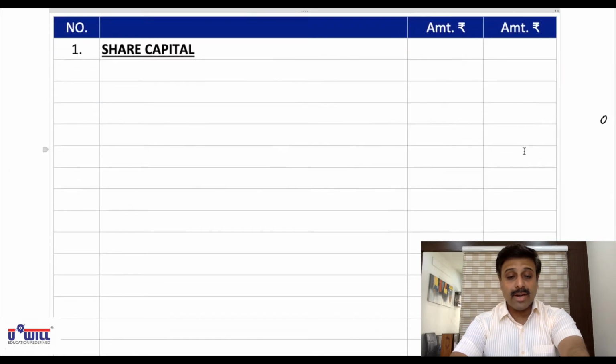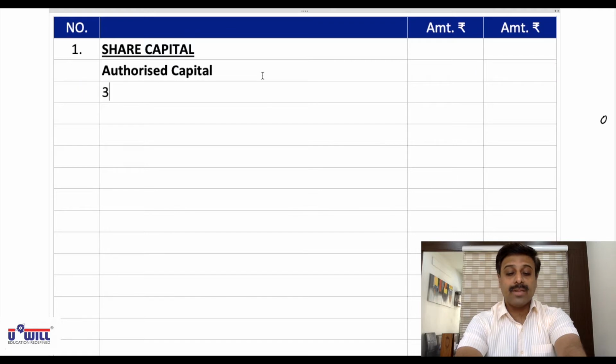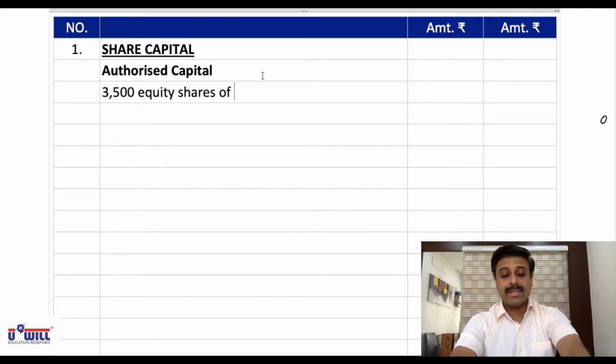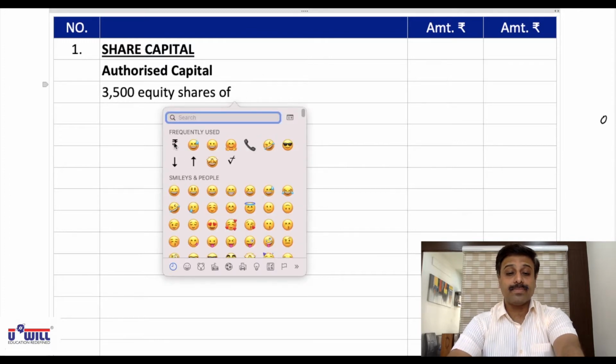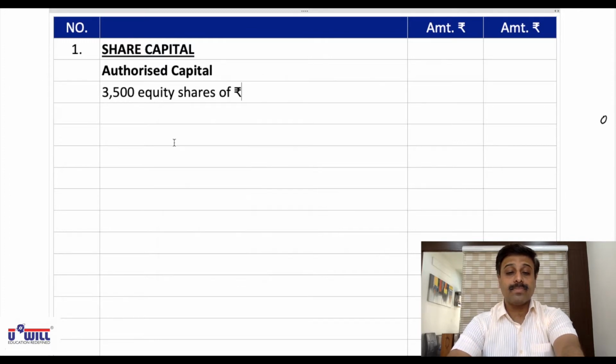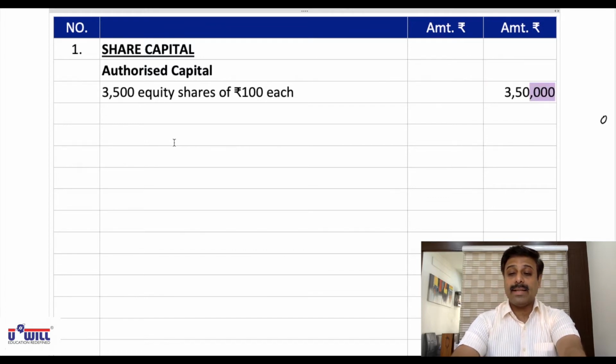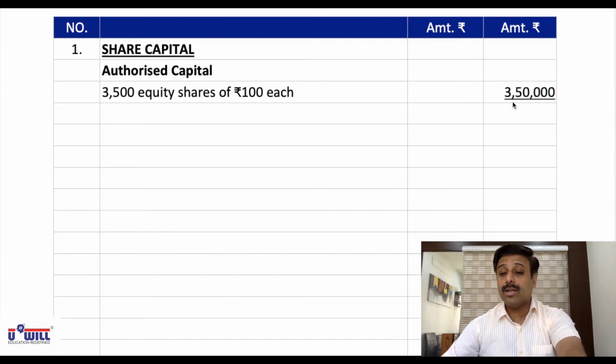So first you all write authorized capital, that is 3,500 equity shares of rupees 100 each. That comes to 3,50,000, and double underline that. Double underline means it is not to be included in the totals.